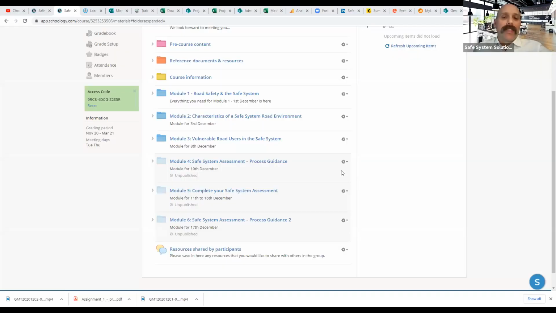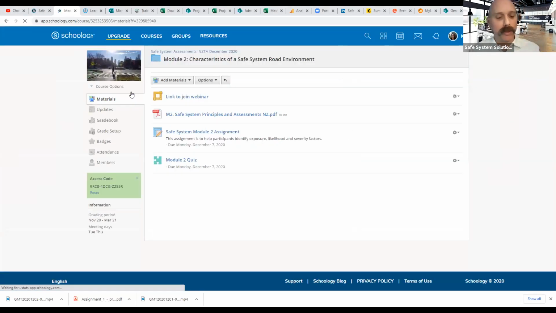But this is good. So what I've done there is given you a very high-level overview of some of the more drilled down infrastructure perspectives. But what you noticed is a lot of the time I was talking exposure, likelihood, severity.